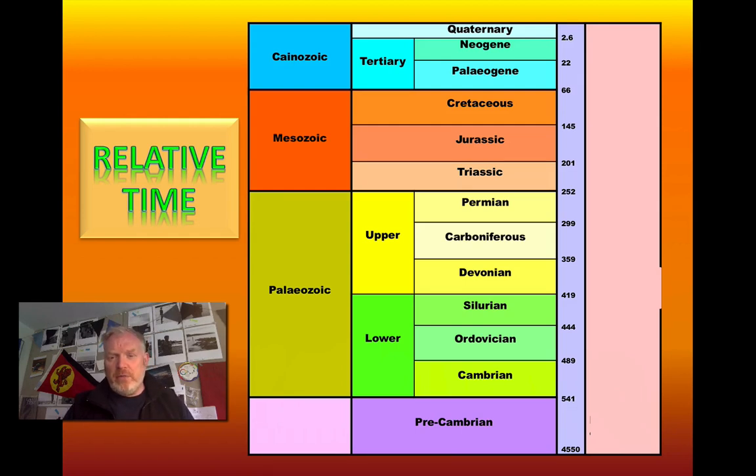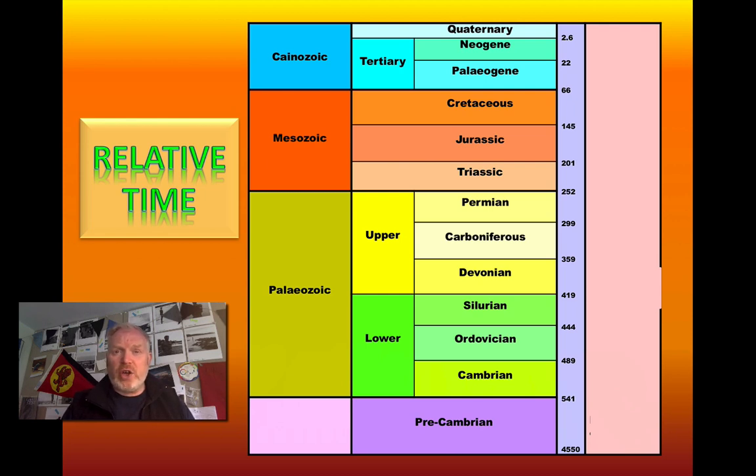Starting from the Precambrian, going into the Cambrian period, named after Wales, then the Ordovician and Silurian periods, named after tribes that used to live here in Wales, the Devonian period, fairly obviously named after the county of Devon, the Carboniferous period, named because it contains carbon.